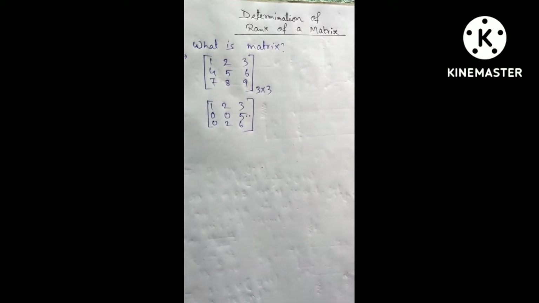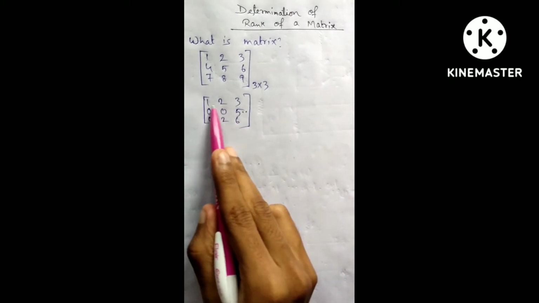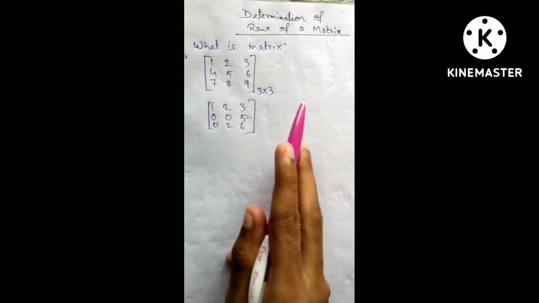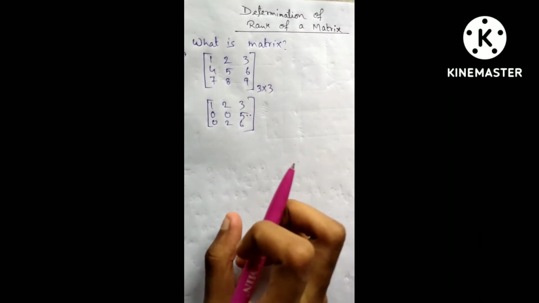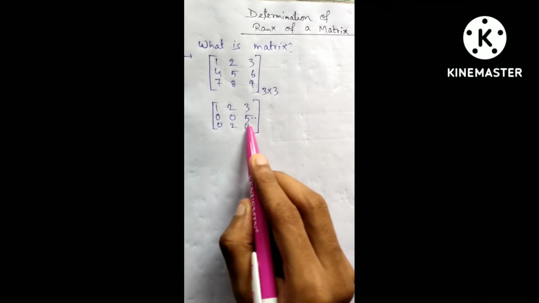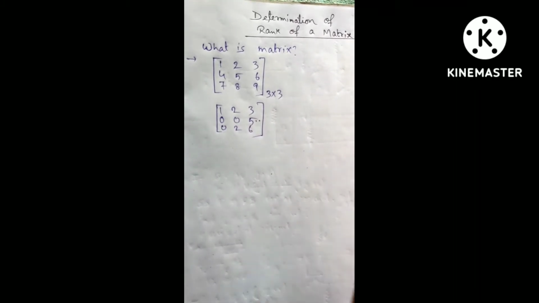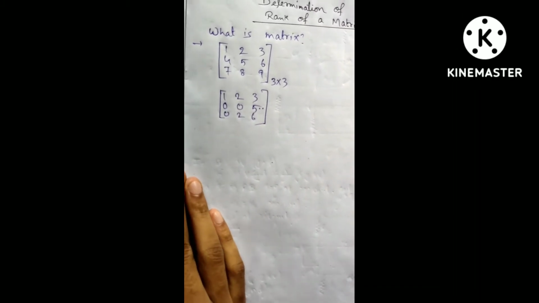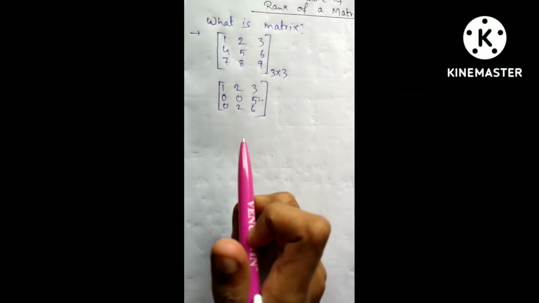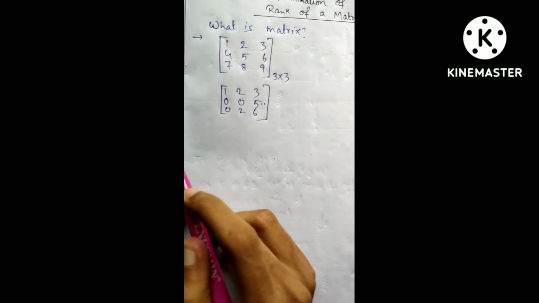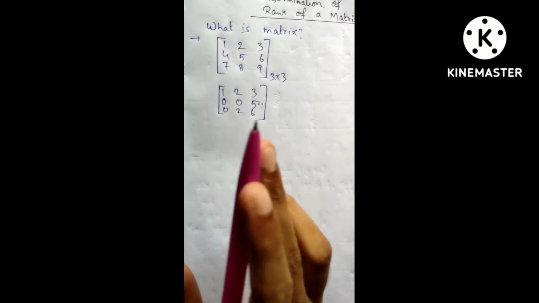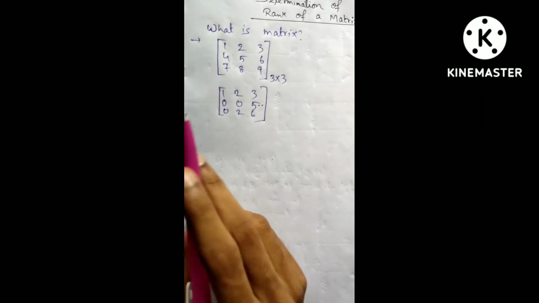And in the first row there are no non-zero elements. Fine. Non-zero element means this type. So the number of non-zero rows in a matrix is the rank of the matrix.